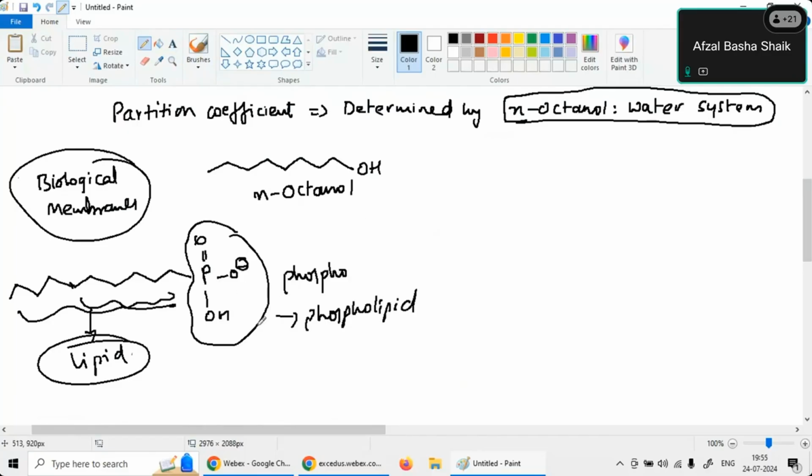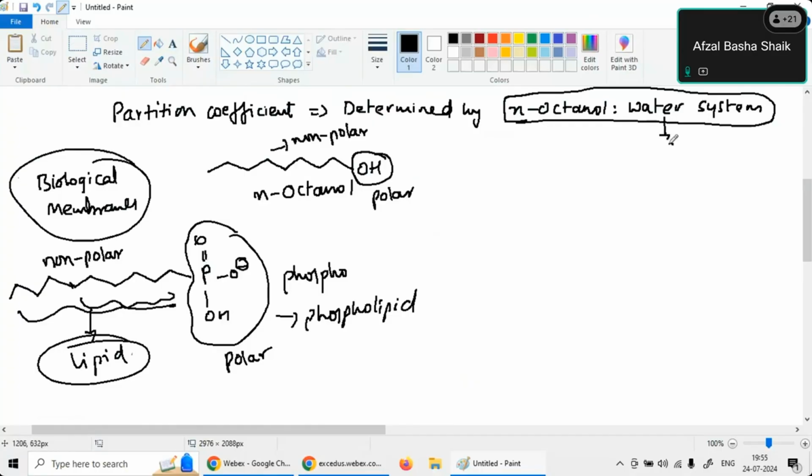Similarly, the phosphate group here is polar, right? And this hydrocarbon is polar or non-polar? Non-polar. This is polar and this is non-polar. Is it like a biological membrane? Yes, sir. It is not exactly the same, but it is mimicking the biological membrane.